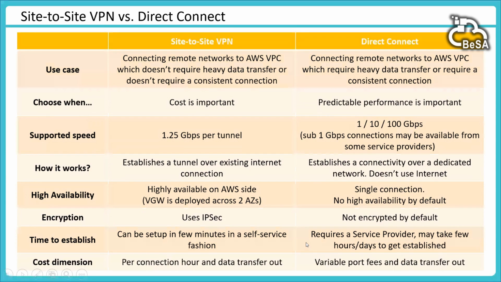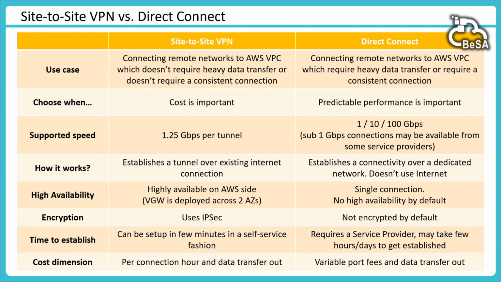Another difference is in cost. In a site-to-site VPN, you pay per connection hour and data transfer out. You pay for how many hours you keep your connection running and how much data you transfer. In Direct Connect, you pay a variable port fee and data transfer.